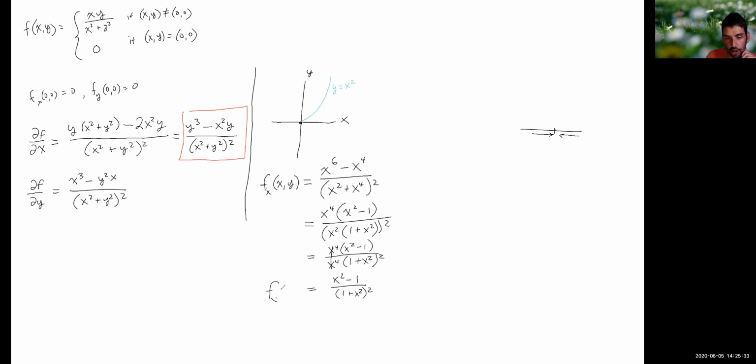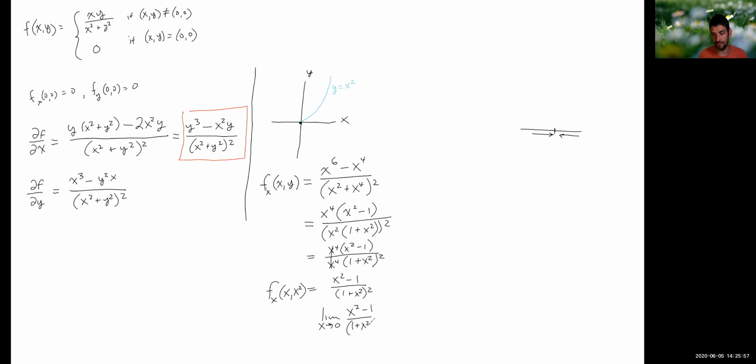Okay, so along this path, the path where y is equal to x squared, this is what my function looks like. And this is an easy limit to take as x approaches 0. The limit as x goes to 0, which remember includes pulling y to 0, since it's along this path, is already baked in.